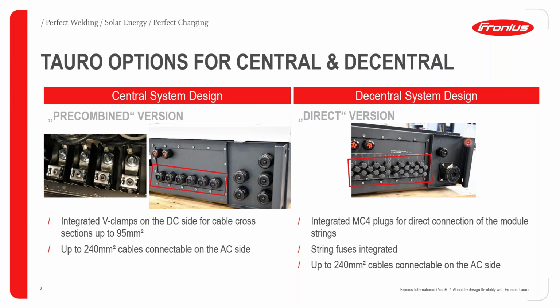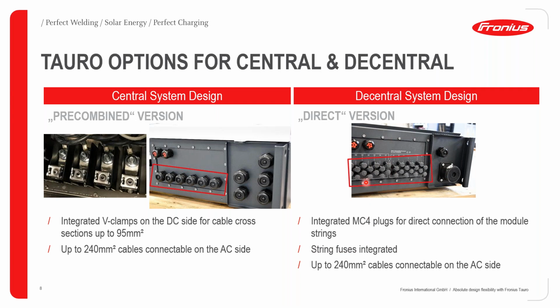Yeah, and also another differentiation here between pre-combined and direct version would be when we open the front cover and look at the DC connection area, we would see string fuses. There is a whole print board inside. For every string that we can connect here, there is also a string fuse, which we can exchange, of course, if there is a malfunction.